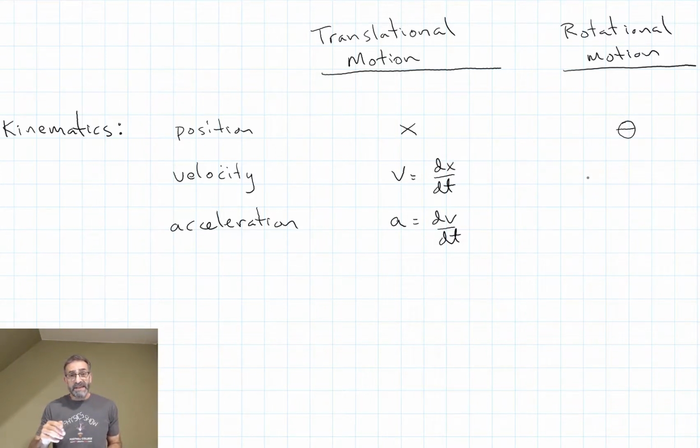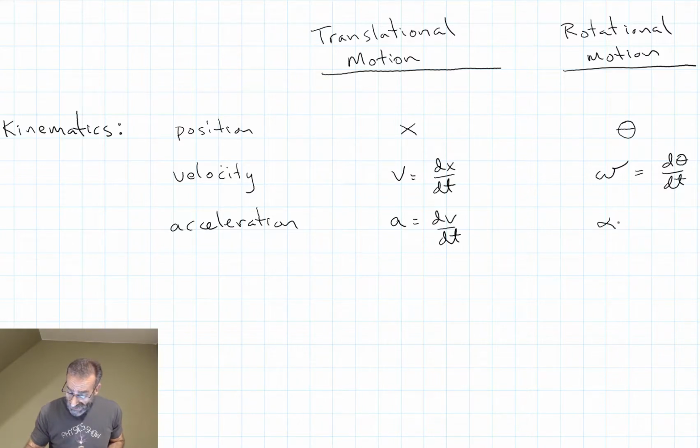And if we're interested in the time rate of change of theta, that would be our angular velocity. We use omega. So we have an angle theta, we have omega, our angular velocity, and we have our angular acceleration alpha, which is the time rate of change of our angular velocity omega.